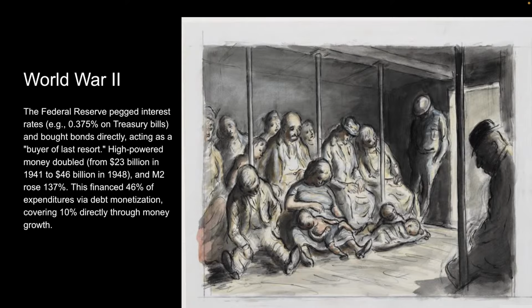High-powered money doubled from 23 billion in 1941 to 46 billion in 1948. And M2 money supply rose 137% in that time period. This financed 46% of expenditures via debt monetization, covering 10% directly through money growth.